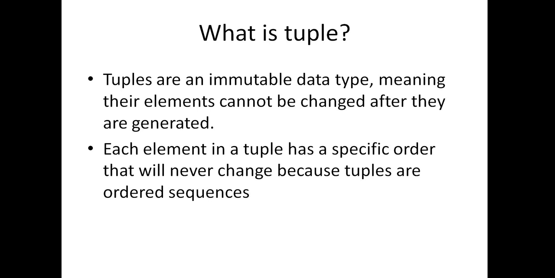Now let us define what a tuple is. A tuple is an immutable data type, meaning its elements cannot be changed after they are generated. Once we initialize or declare a tuple, the elements will be kept intact. For no reason can we change the order of the elements defined in the tuple.